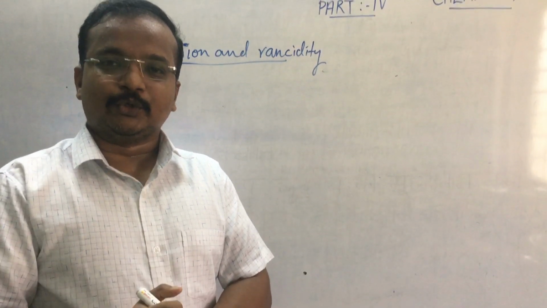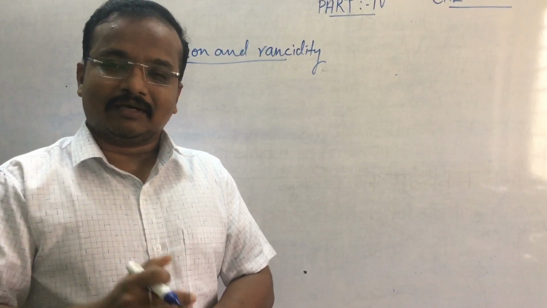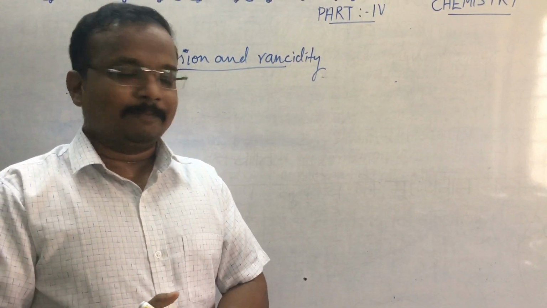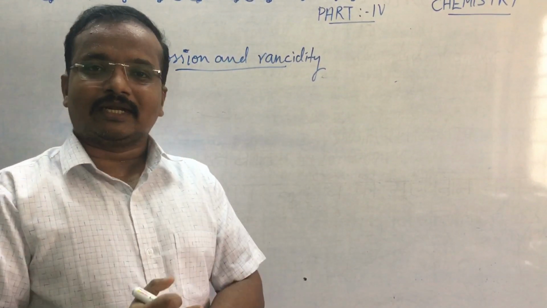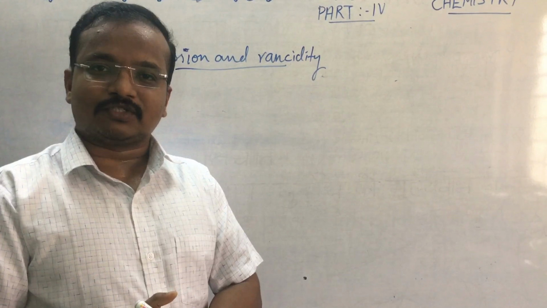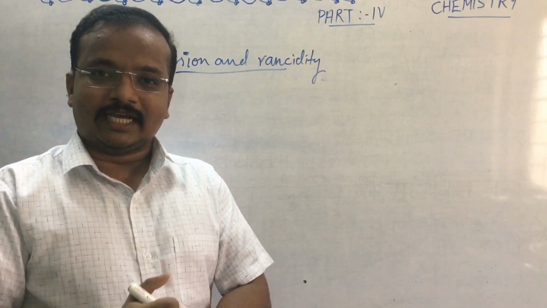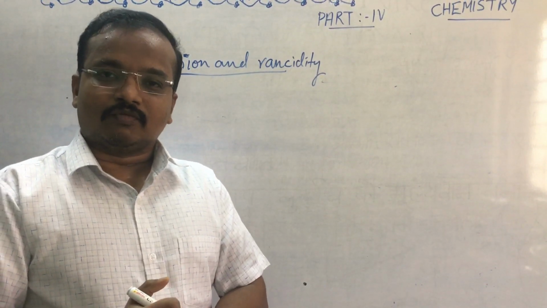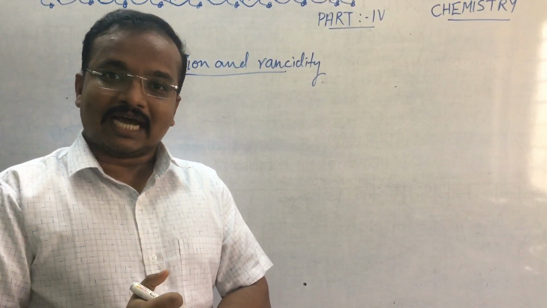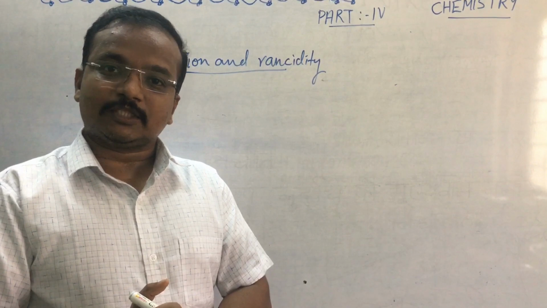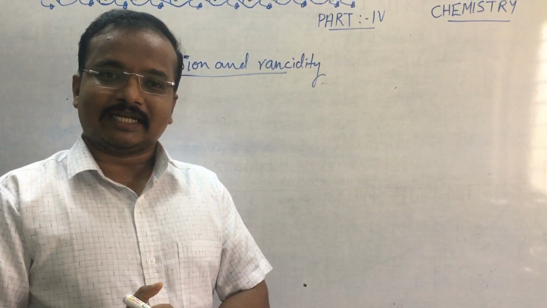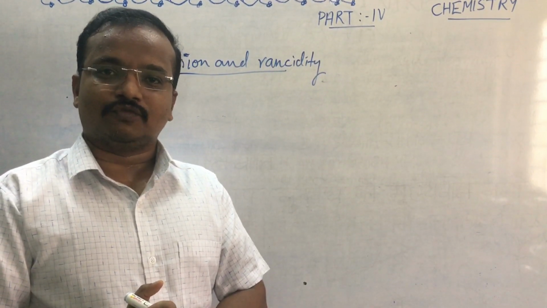This is actually due to the oxidation of food only. So corrosion and rancidity are practical examples of oxidation reactions, where food gets oxidized to become rancid, or it gets spoiled. So oxidation of food takes place.